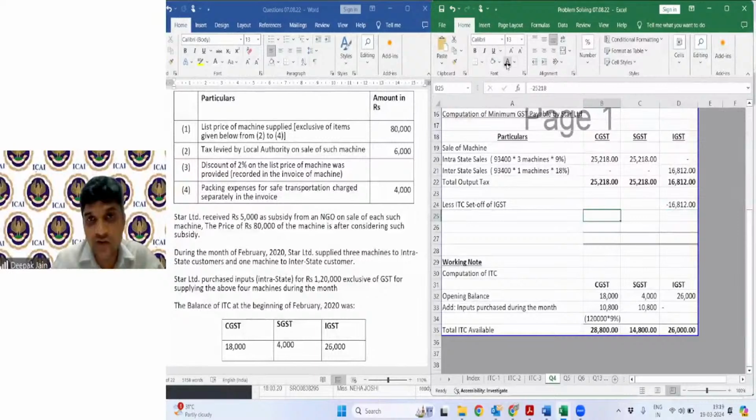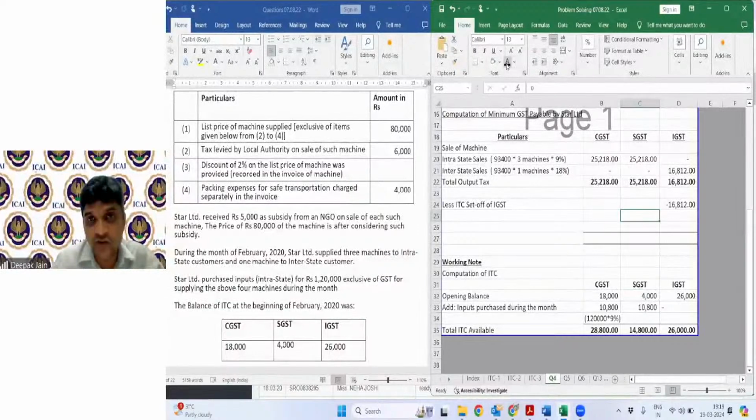Then the IGST balance I will pay with CGST or SGST in any proportion. ठीक है? So the IGST credit remaining here is very less, 14,800. You could do a rough calculation here itself that IGST balance जो balance पड़ा है, CGST का credit ज़्यादा है और SGST का credit कम है.